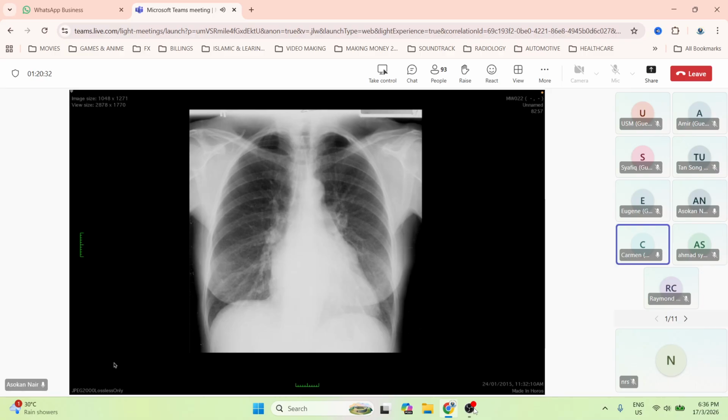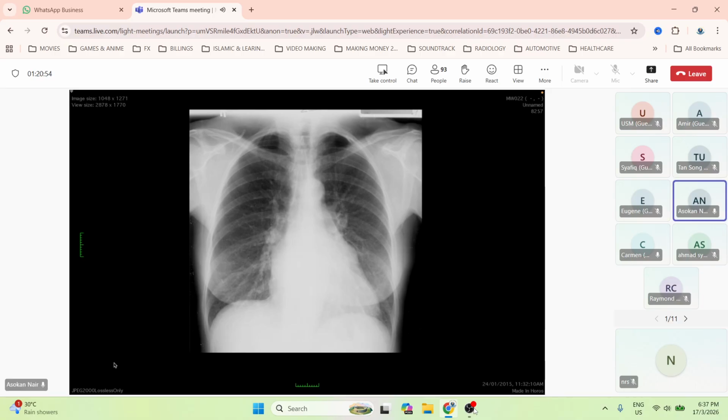Okay, on the second look, I think the carina appears slightly splayed. Then I can see there's a double heart contour on the right side, a double density sign, suggestive of left atrial enlargement.